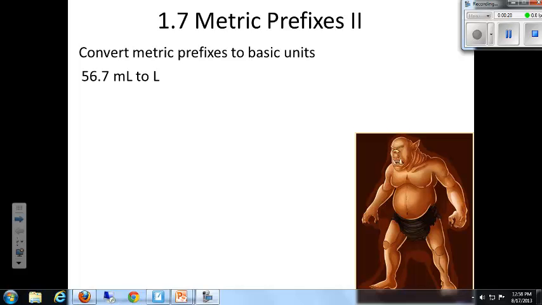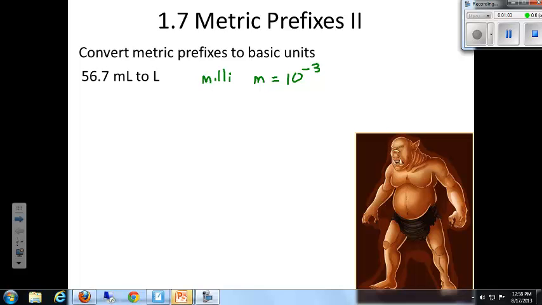All right, so let's see what else we can do here. We want to convert metric prefixes to basic units now. So milliliters to liters. M is milli, and it's 10 to the minus 3 according to the chart. So this stuff you just have to know: centi, milli, kilo, mega.